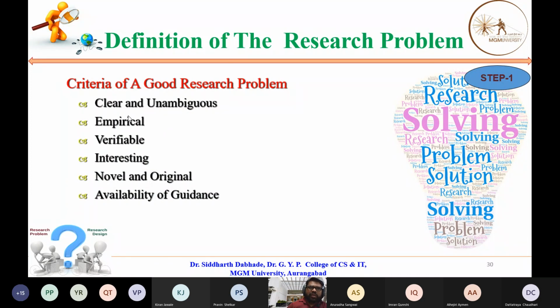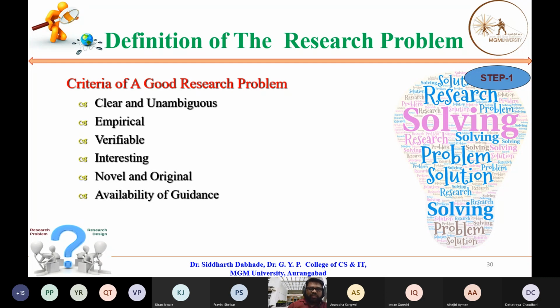Your research idea, problem, or domain should be clear, not ambiguous. Second, empirical. It should be based on facts and figures, on a certain base. Whenever you are trying to prove certain things, it requires validation, so it should be empirical.